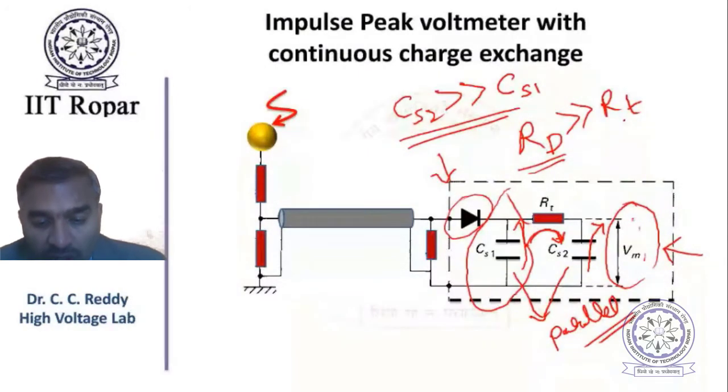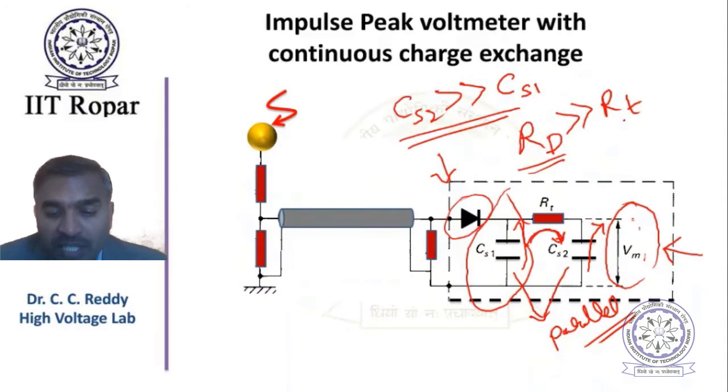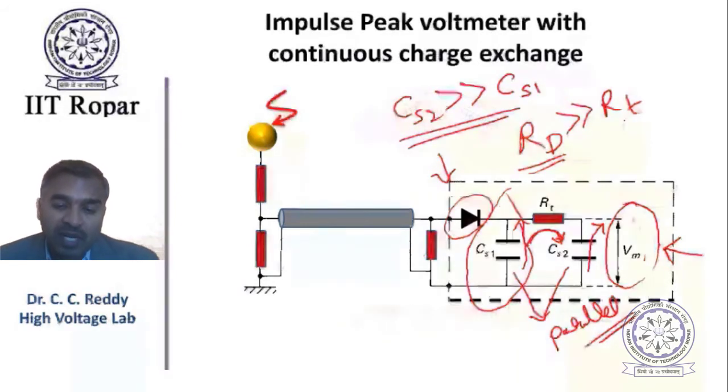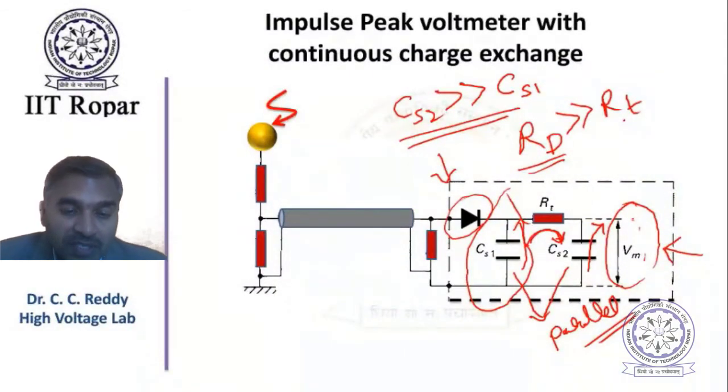Earlier it will be more, because we are measuring whatever CS1 is gaining, its complete charge. But here, due to this capacitor charging that capacitor, the voltage will be smaller, because CS1 will discharge and charge CS2, and the voltage will decrease.